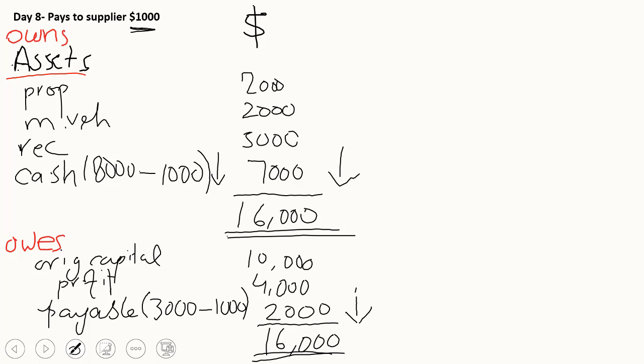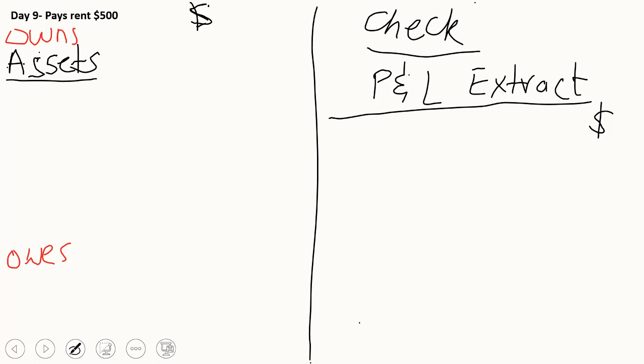Now moving to the next example. Day 9. Business pays rent $500. Okay, so starting with non-current assets, property will still be the same, 2,000.